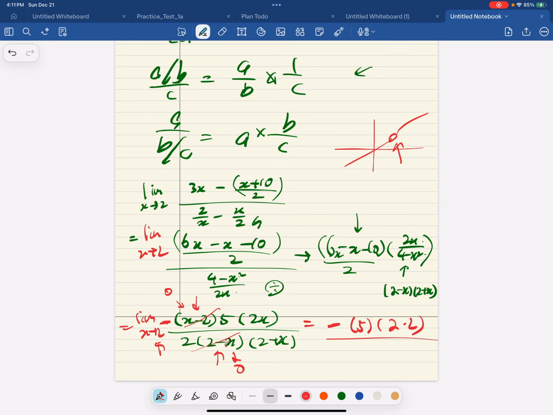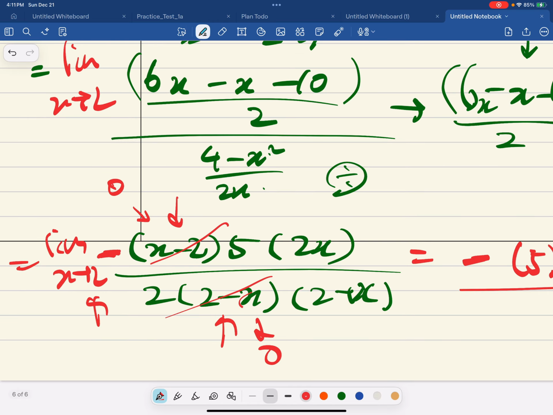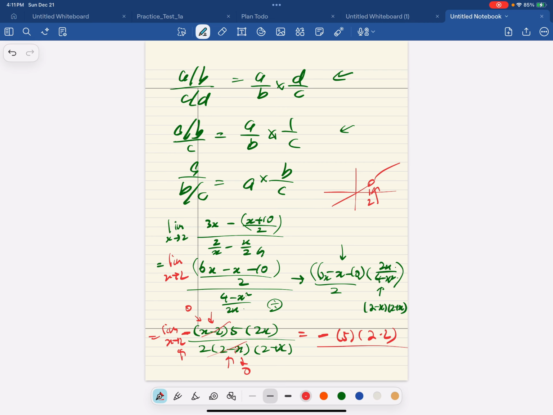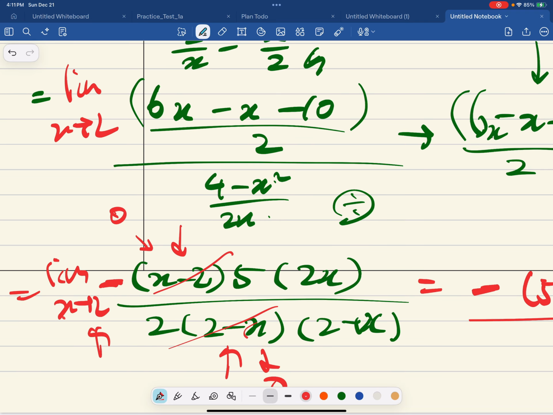That's why we want to fill in that gap. Filling in that gap when it's approaching 2 is done by, well, the English is not working, but whatever you fill in is whatever you're canceling out most of the time. And here it's approaching 2, so you're canceling out x minus 2.